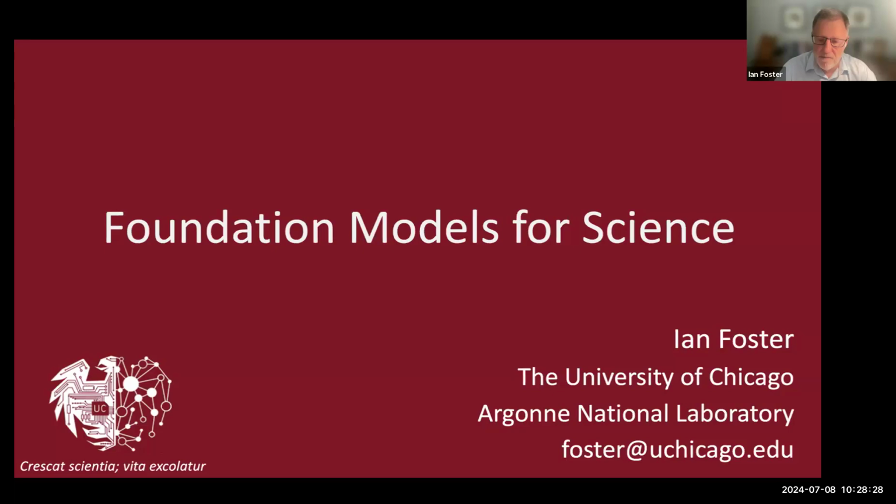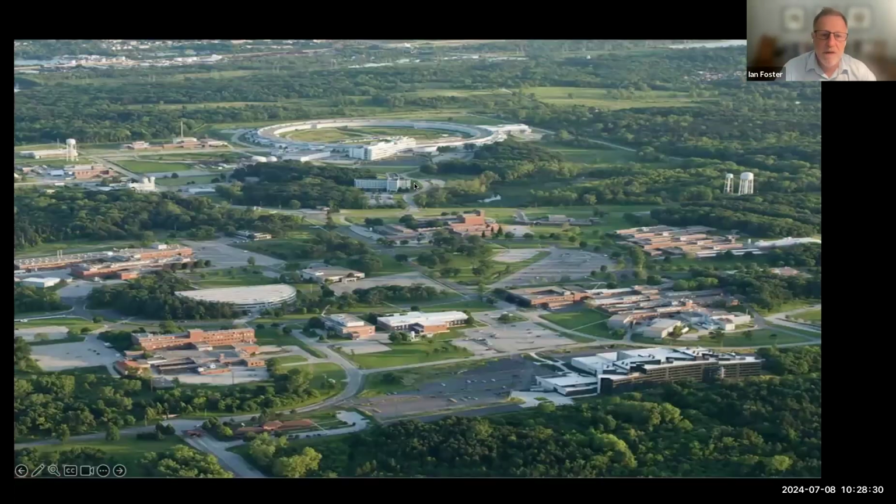So just a few words about myself. As said, I'm at Argonne National Lab, which is, if you're not familiar with the place, about 25 miles outside Chicago. It's where Fermi moved his nuclear reactor after the war, once he got it going in the squash courts at the University of Chicago.